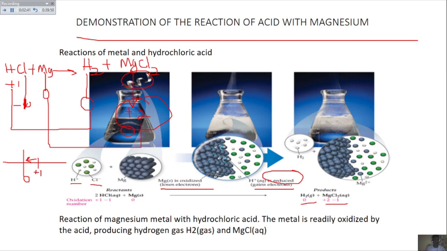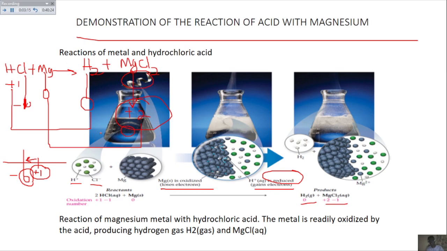Hydrogen ion has been reduced by gaining electrons, because 0 in this case is better than +1. When it is +1, it means you are losing. When 0, it means you are in your stable state. And when it is minus, it means you are gaining more. Therefore, it has gained electrons to become 0. So we say hydrogen ion has been reduced by gaining electrons, and that's what actually happened here.